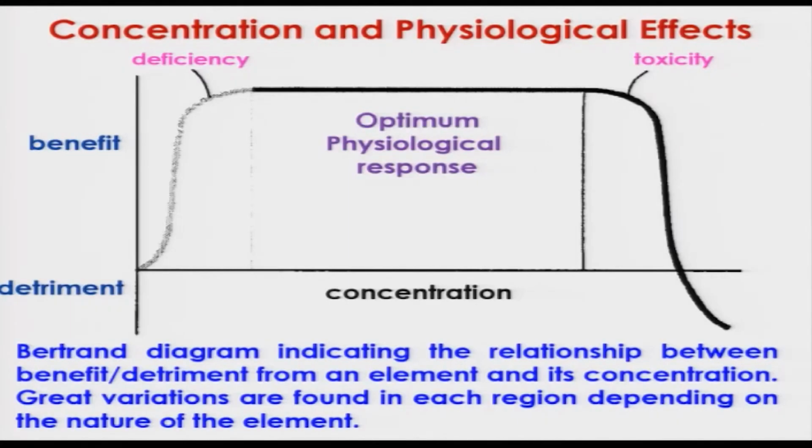This is the Bertrand diagram indicating the relationship between the benefit from an element and its concentration. As I have also discussed earlier, there has to be an optimum physiological response for every element present in the biological system, even if it is essential.